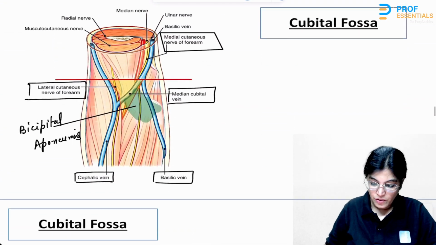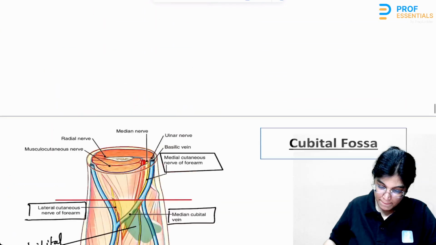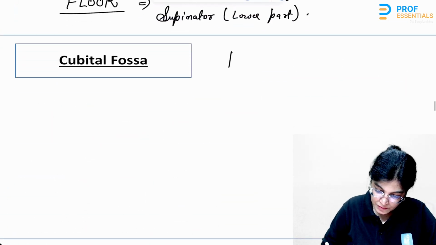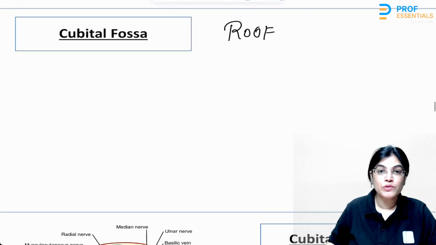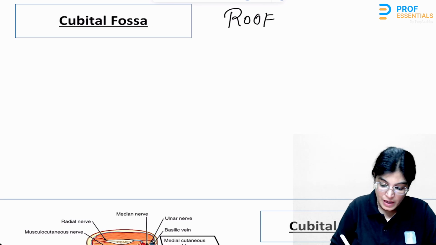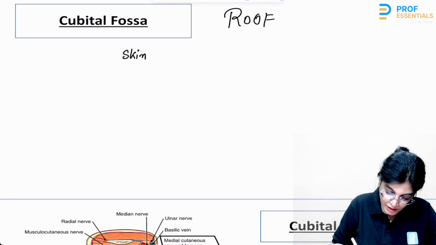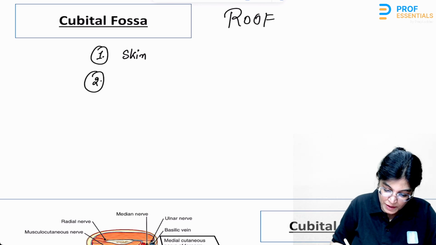So now please write on the roof. Roof of cubital fossa. When I talk about the roof of the cubital fossa, it has skin and superficial fascia.